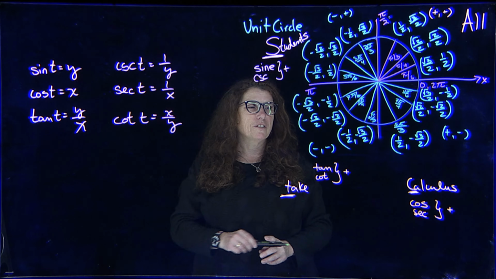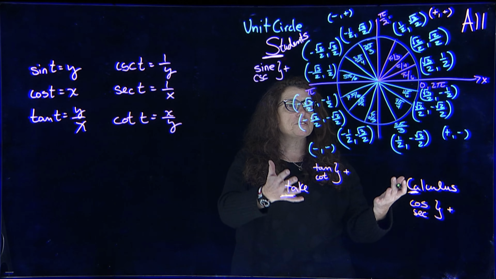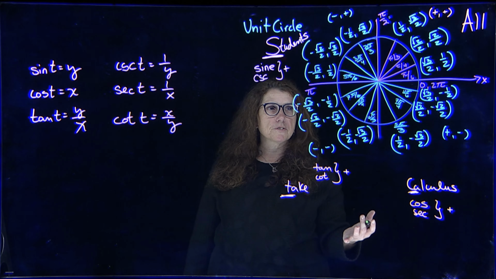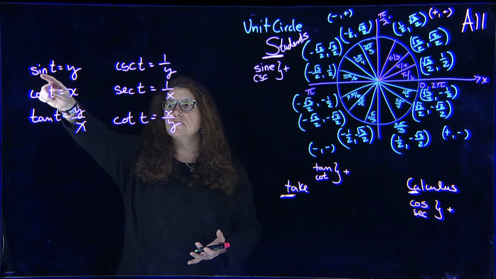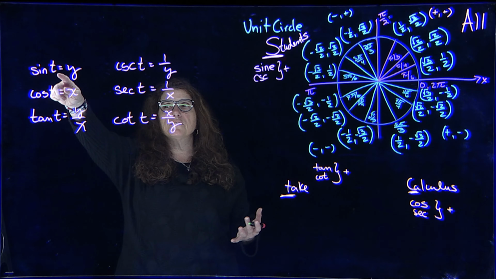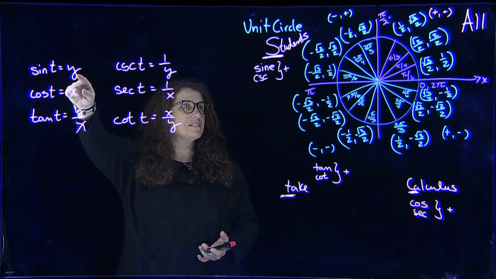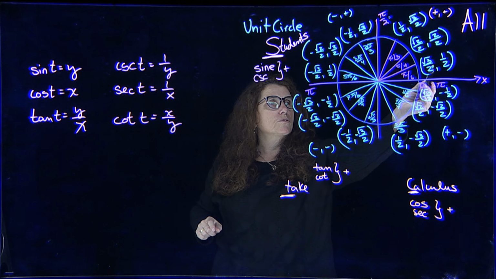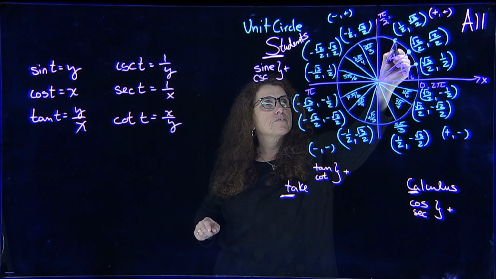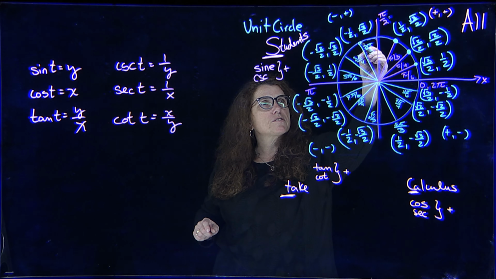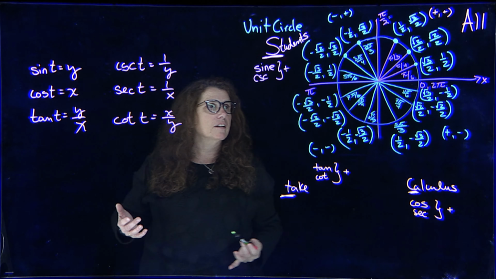Also, always try to draw a picture. Now, based on the unit circle, remember the unit circle, the radius is 1. We discovered that the sine of t, and t is your angle, represents the y value of your ordered pairs on each of these points on the circle that were generated by the angle.